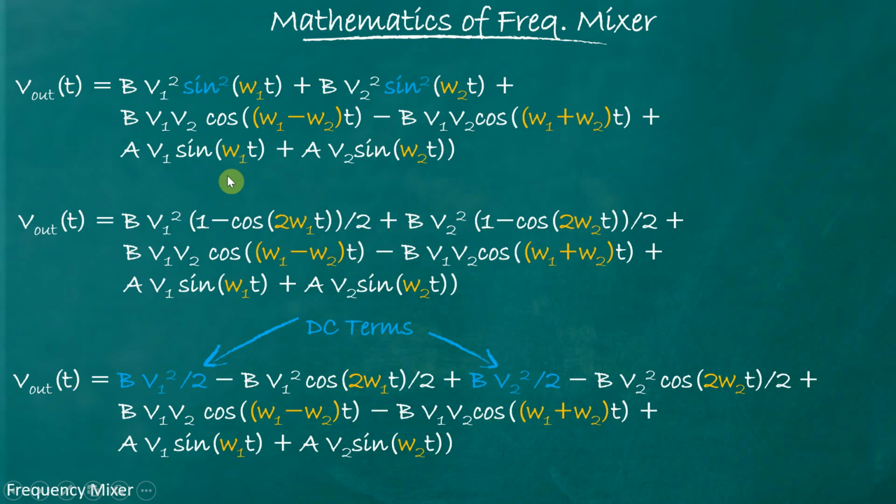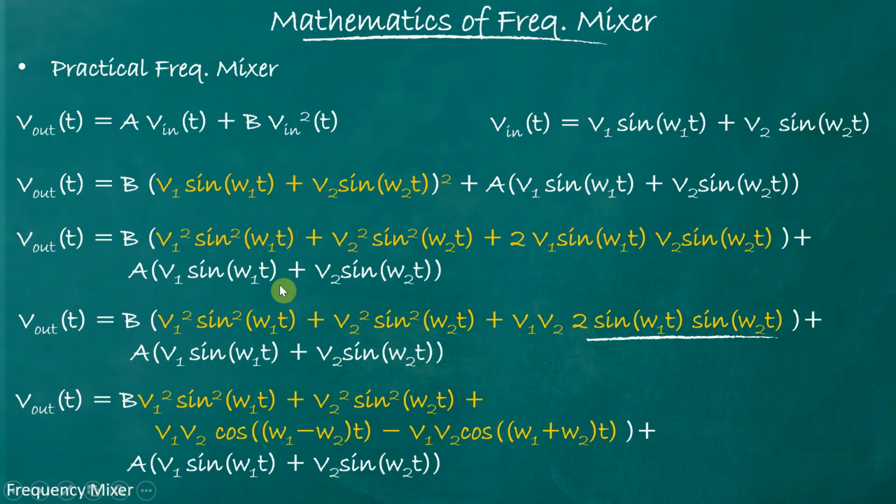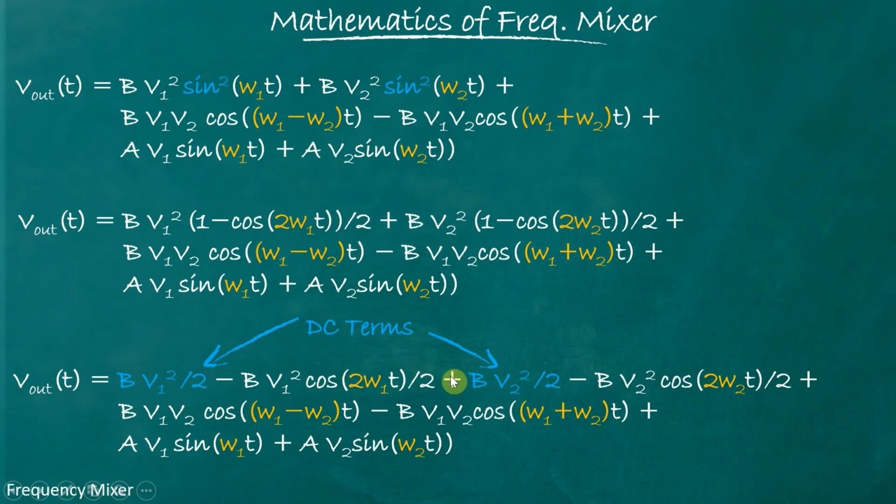Now this sin square term, sin square omega 1t and sin square omega 2t, is converted into (1 minus cos 2 omega 1t) divided by 2. As you know, sin square theta is equal to (1 minus cos 2 theta) by 2. So as per that trigonometric formula, these two sin square terms are converted into this one, so that you can observe in this equation, right.